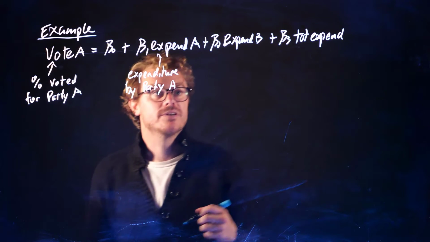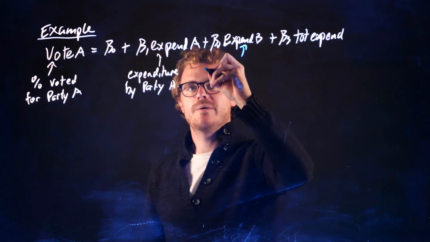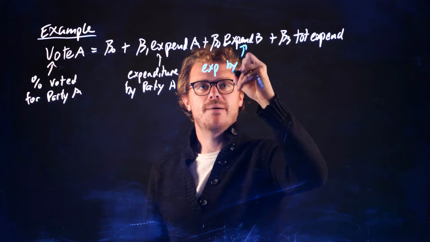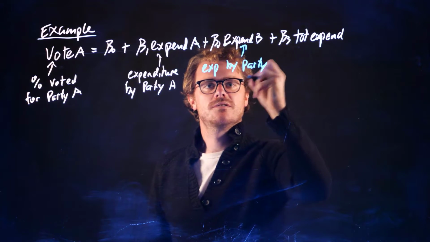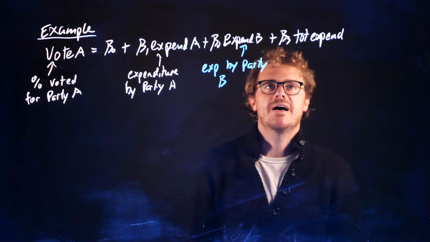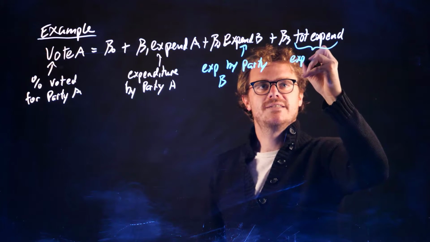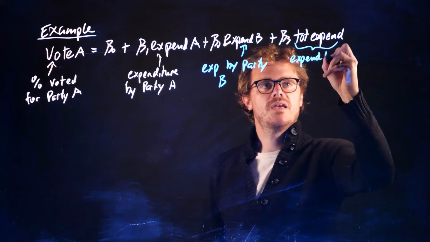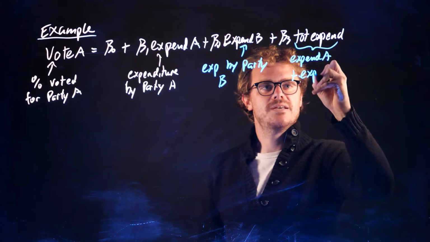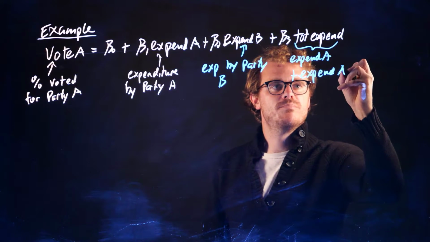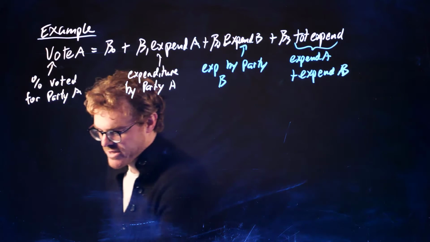So this is expenditure by party B, political party B is what I mean by that. And total expenditure is expend A plus expend B. So total expenditures by both parties in this congressional election.